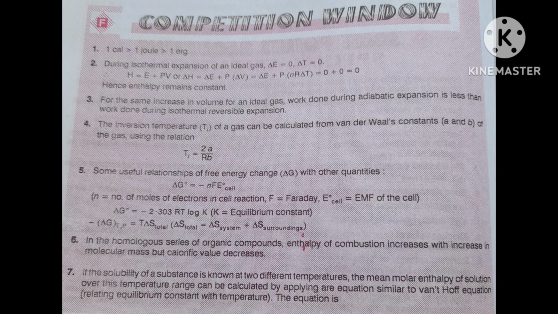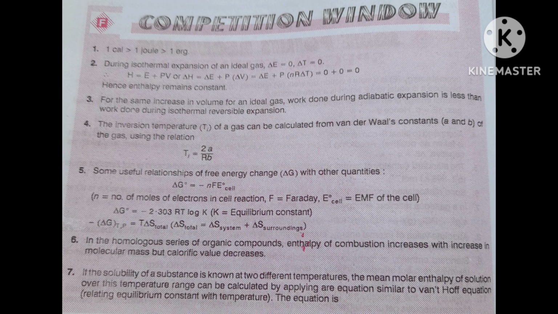Correct? But in calorific value, that is the heat released by 1 gram. When 1 gram of any molecule burns completely in the presence of air, this is calorific value. Combustion is also in the presence of air, but it must be burned completely, and only for 1 gram, not the molecular mass.